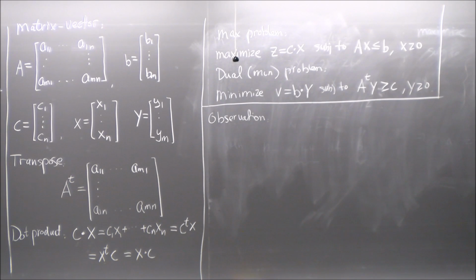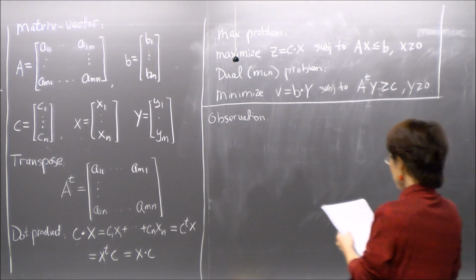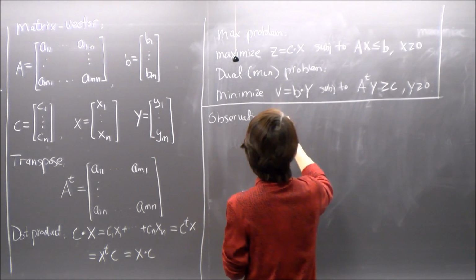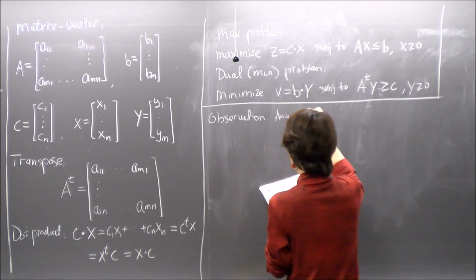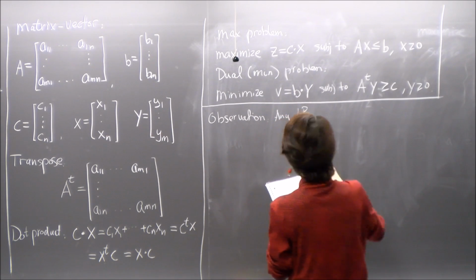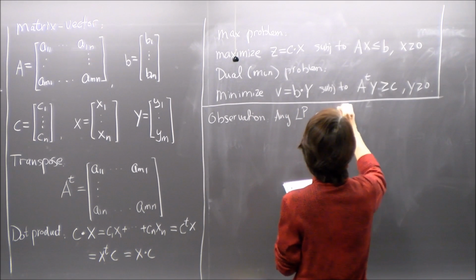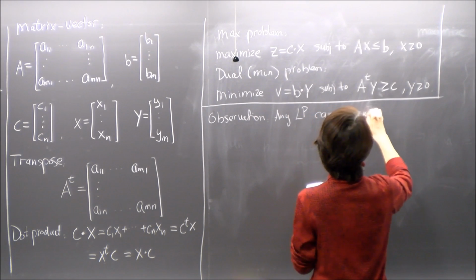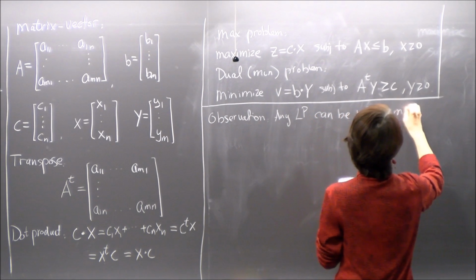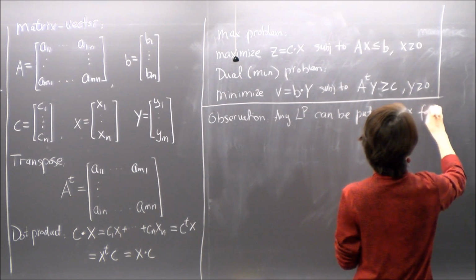And if I can, then I can write out its dual by definition. So this observation is the following, and it's quite obvious. Let's just say it's an observation, not even a claim. We don't need to prove it. Any LP problem can be put in max form.